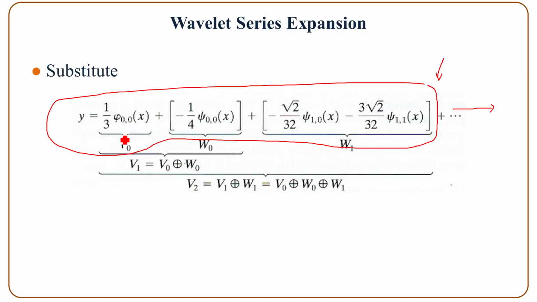So up to here, this is actually V naught, and that is W naught, and from here to here, this is V1. V1 is a union of V naught and W naught, and spanned by the scaling function phi 0 0 and the wavelet function psi 0 0, etc.